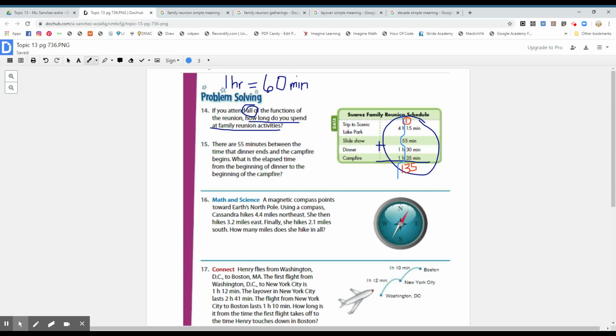Okay, so we have 135 minutes, boys and girls. We can add the hours as well. Let's do that. 4 plus 1 is 5, and 5 plus 1 is 6. We have 6 hours.